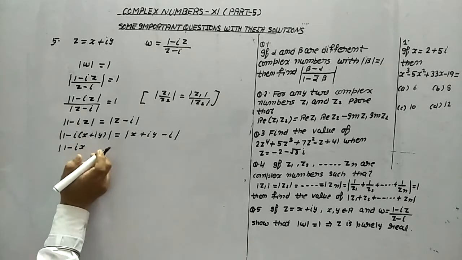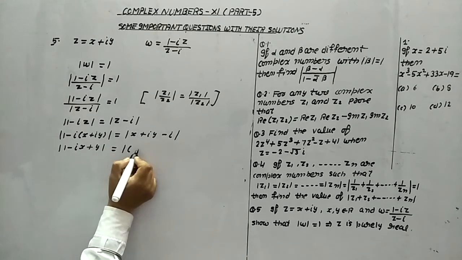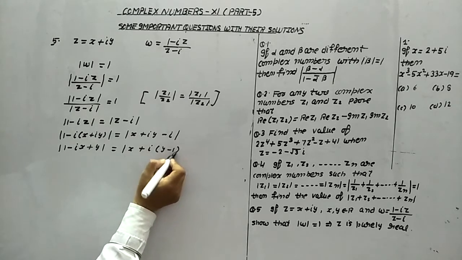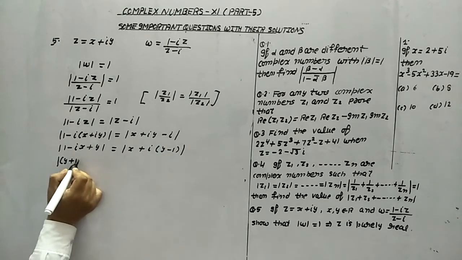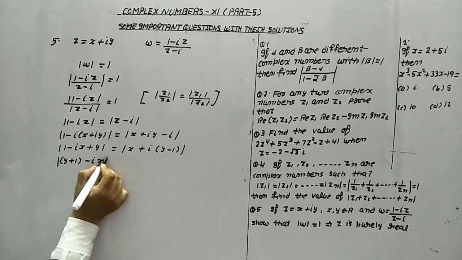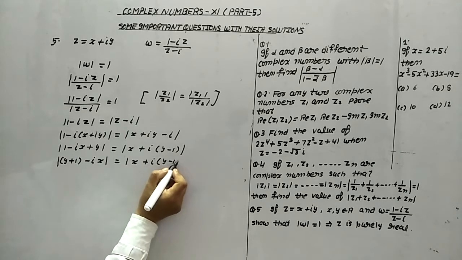This is minus i square, which becomes plus y, and this is x plus i, and this is (y minus 1). We are collecting the imaginary part. Here this is (y plus 1) and this is minus ix is equal to x plus i(y minus 1).